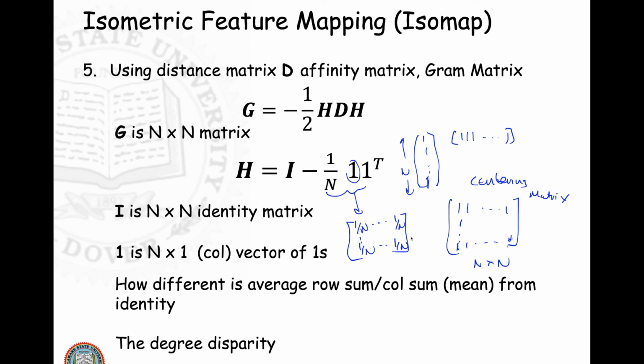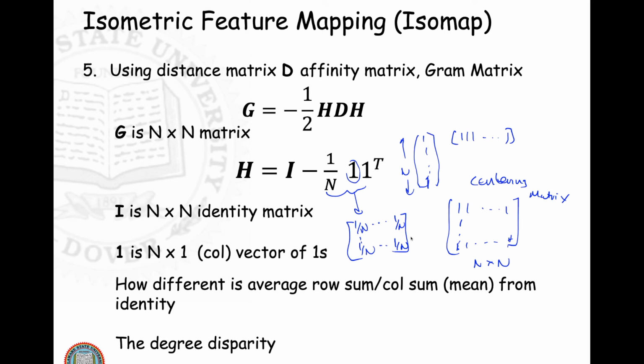If you left multiply by the centering matrix, you're removing the mean or centering the columns of the linear system in question. If you right multiply by the centering matrix, you're removing the mean from the rows or centering the rows of the system in question. So the centering matrix, depending on if you left multiply or right multiply, can center the column vectors of a system or center the row vectors of a system.